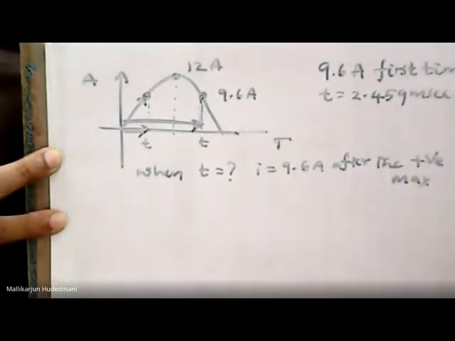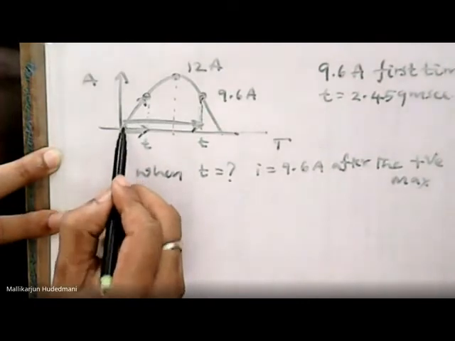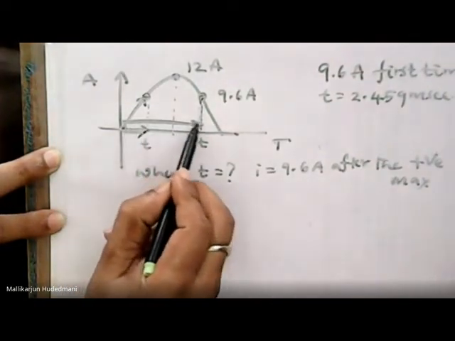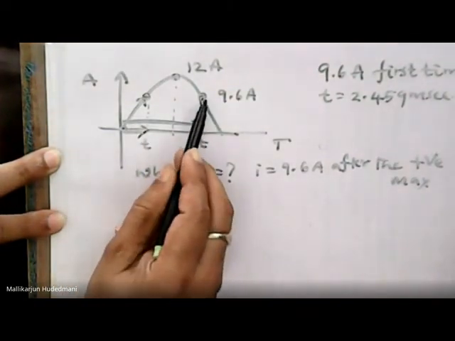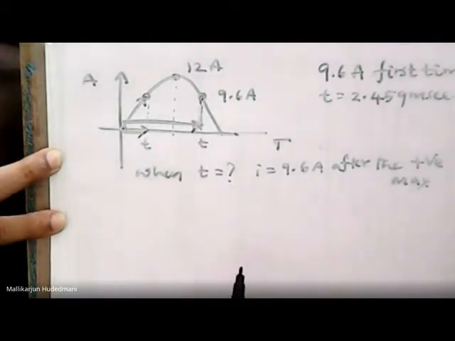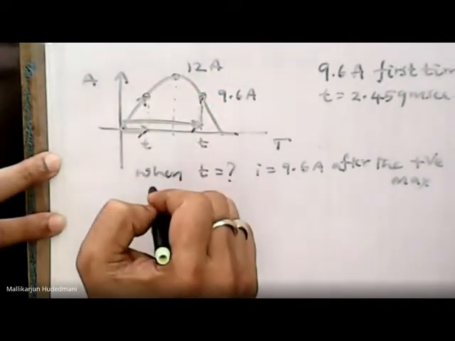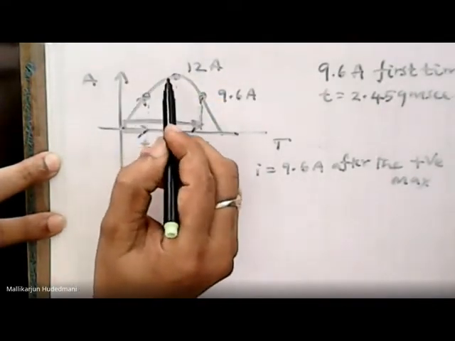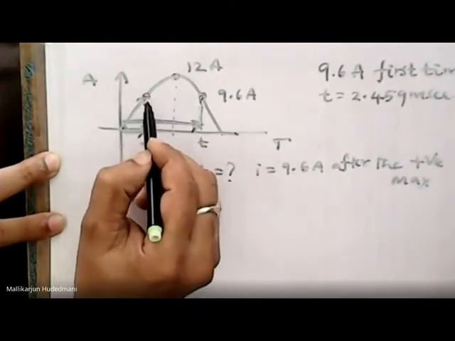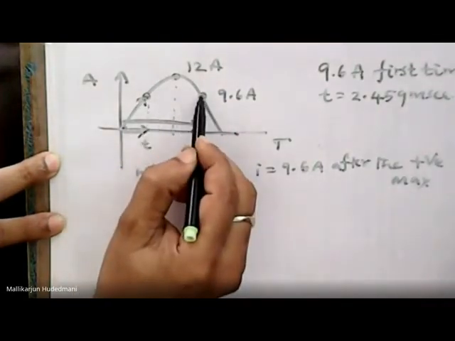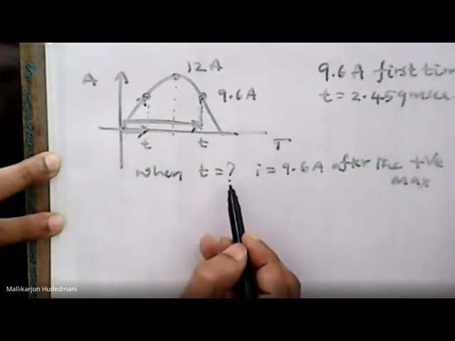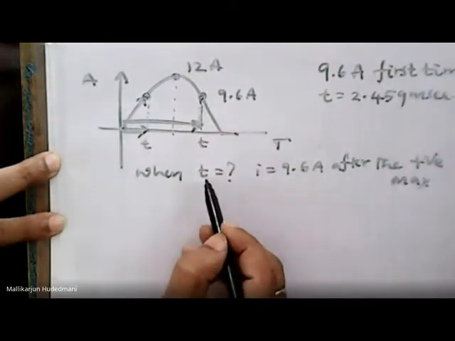Correct? From the zero mark, the whole length of time. At this time, the value is again 9.6, because of the sinusoidally varying concept and symmetry about the peak axis. About the peak vertical, the values are rising here and falling here. So 9.6 appears here as well as here. So when is that time?